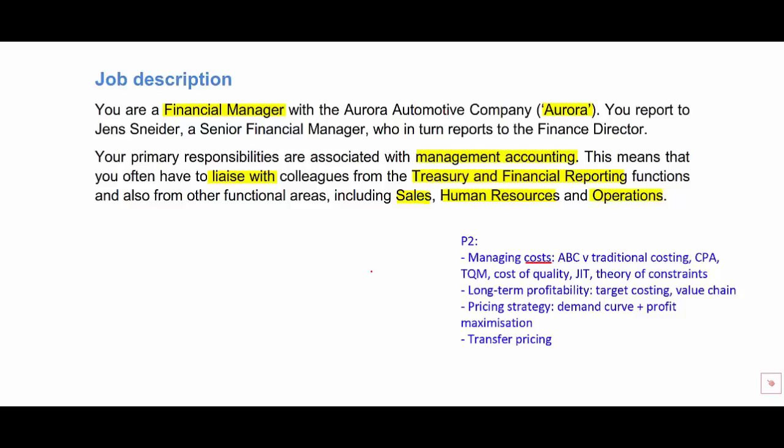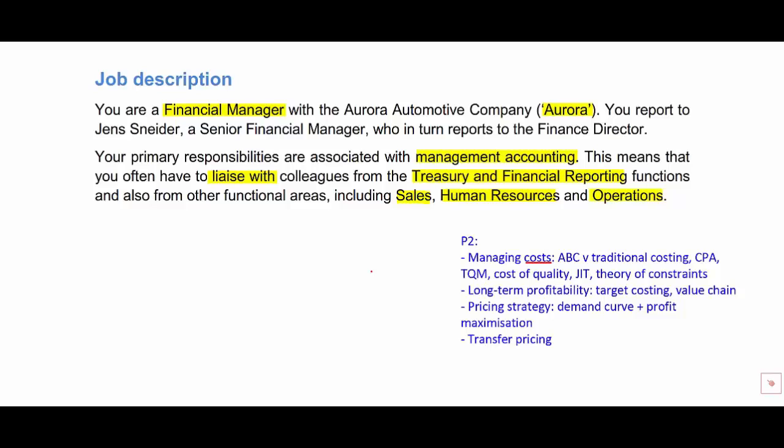Long-term profitability will be a consideration, of course, and here you're dealing with things like target costing. As I mentioned, the extensive costing information we will see later on in this pre-scene. And I'm not sure they're taking a good approach to their costing per unit.